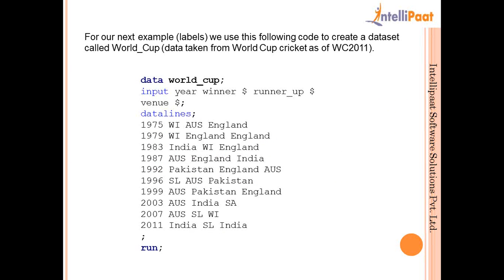The other case is that you can save the labels with the data set, which I'll show you in a minute, how to see them in proc contents. So if you are using these labels with the proc print statement only, then you are using them for presentation and they will not be saved into the data set.